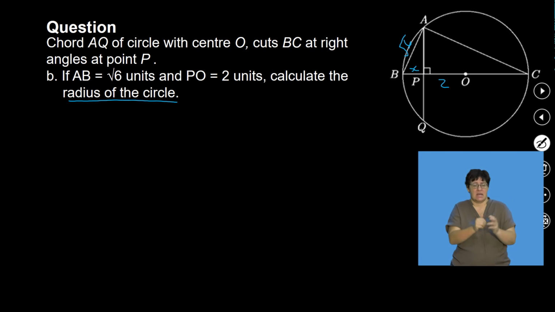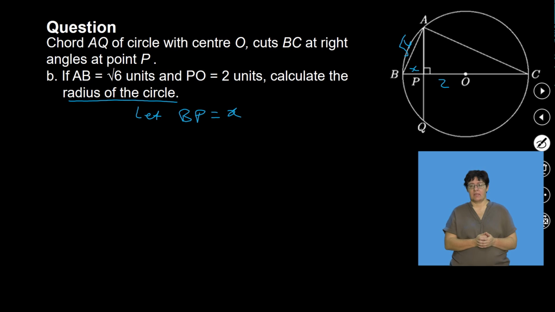But what that actually means is they just want you to find the length of BP. If you know the length of BP, then I can just add it to the 2, and it will give me the radius. So let's let BP equal X, so that I am using X and not BP, although it will still give you the same answer if you do use BP.